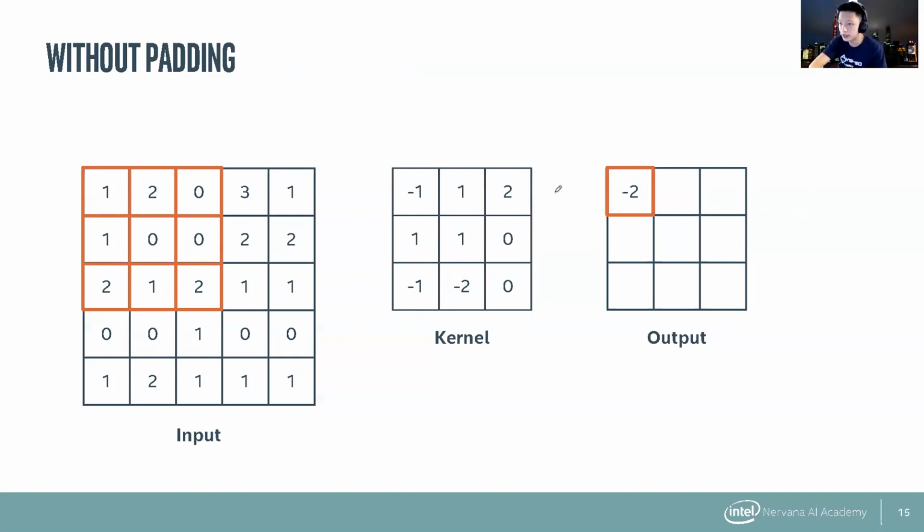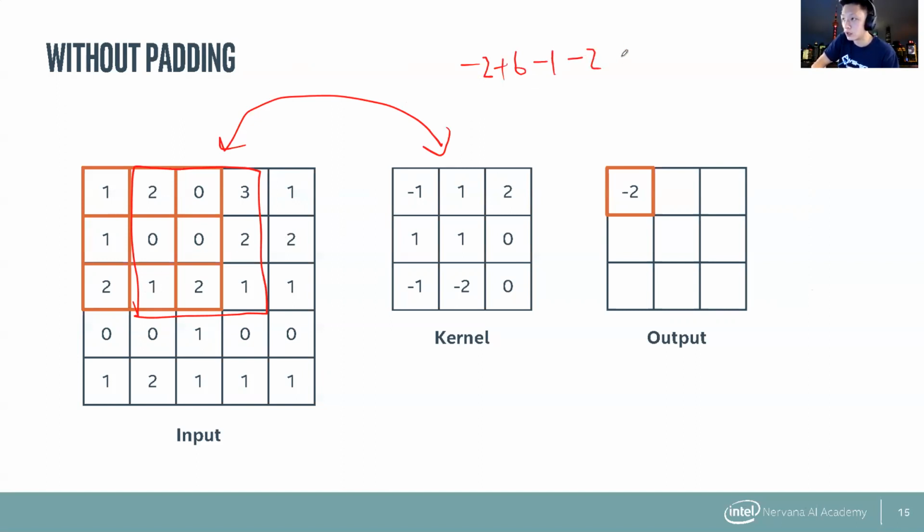What do you do next? You just move over to the next slice, and take the dot product between the kernel and the input. The relevant math would be -2 plus 6, and then zeros, and then -1, -2. So this should equal 1. So you would get a 1 here.